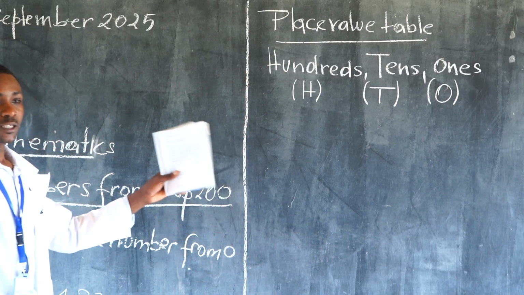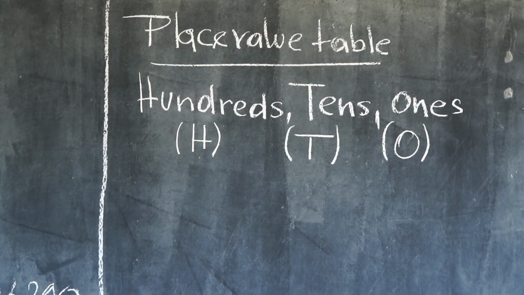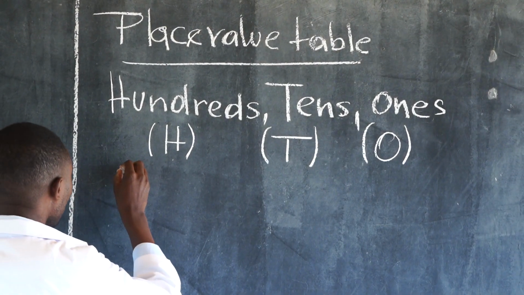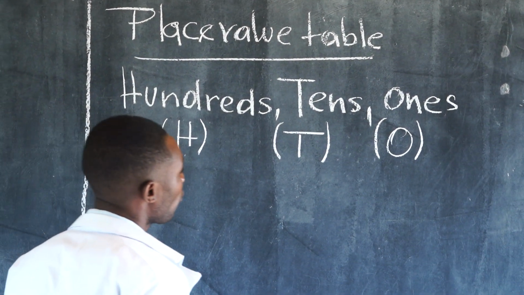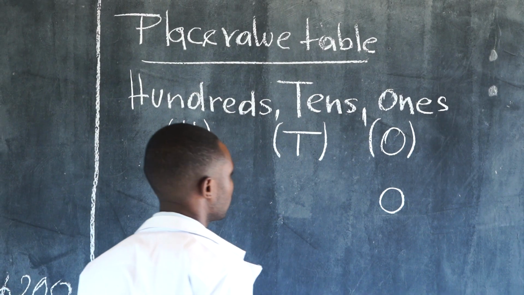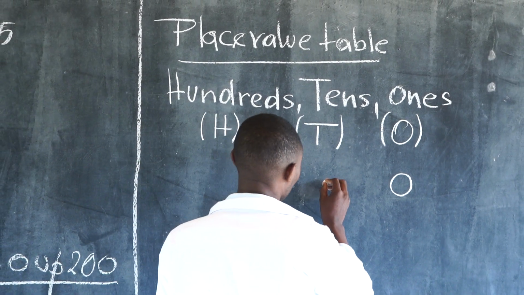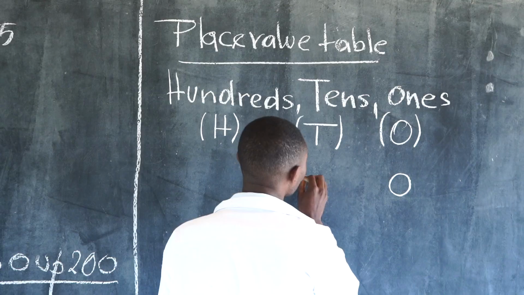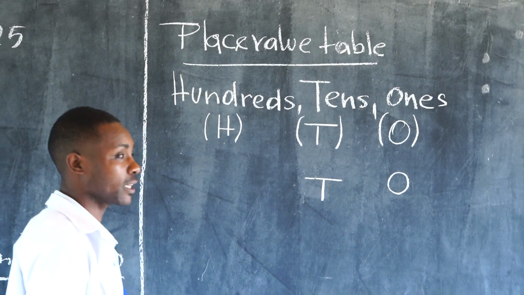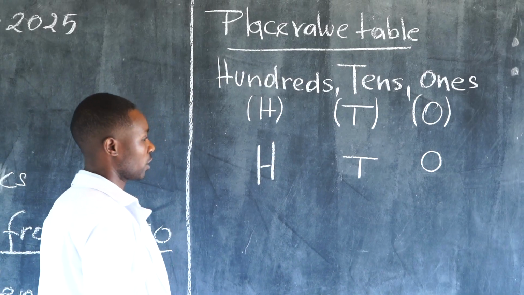Now let us see how we make a place value table. In making a place value table, we have to start with the ones here. After ones, we go to tens. After tens is hundreds.